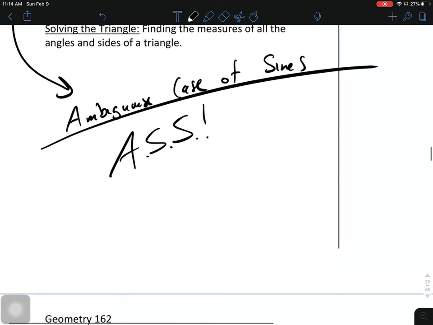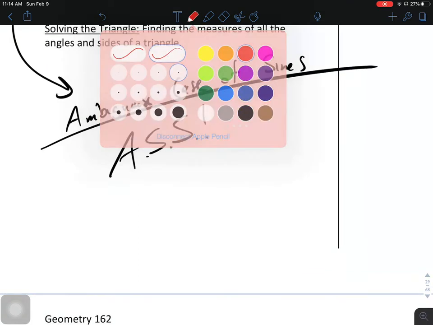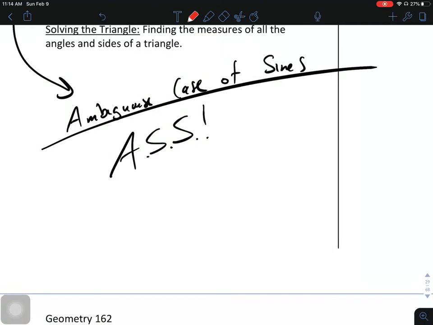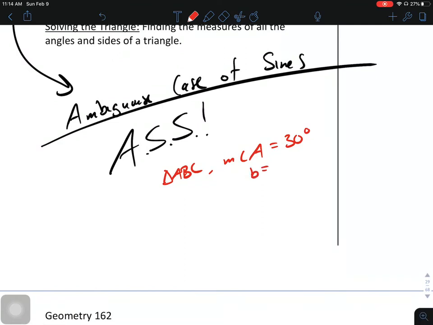Let me attempt to explain this to you. Let's say that we are given triangle ABC, and we're told the measure of angle A is, I don't know, 30 degrees, and that side b is 5, and side c is, I don't know, 3.